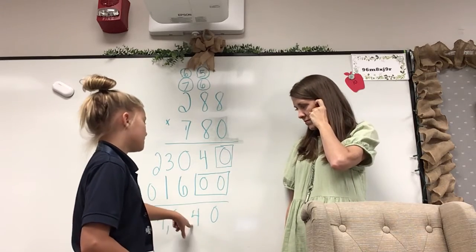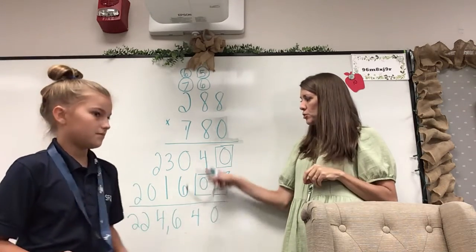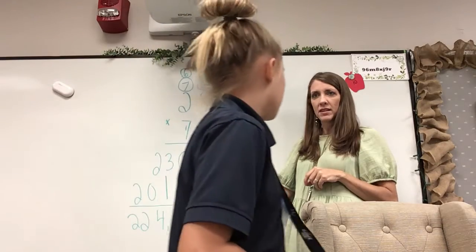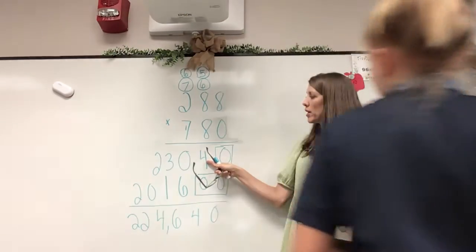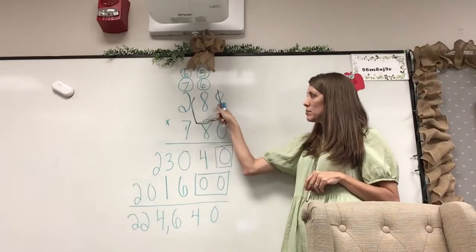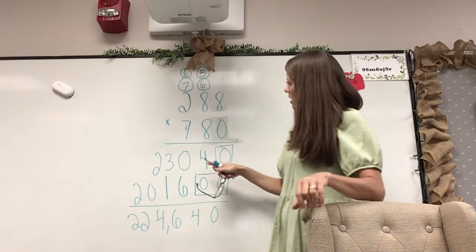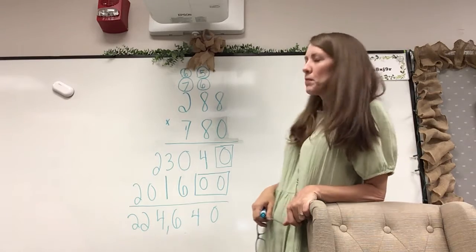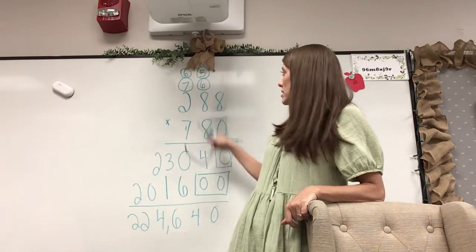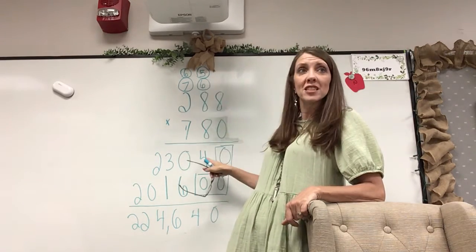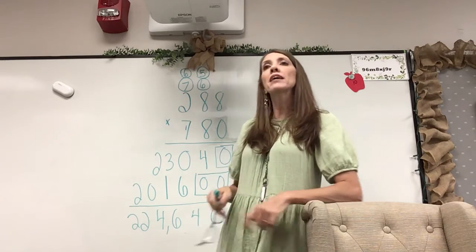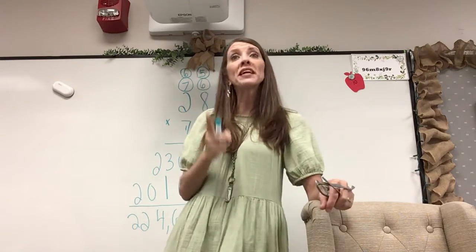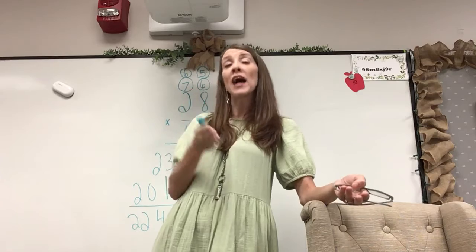Everything right, but I put a 6 right there. So, when you did 8 times 8, maybe you put it the wrong way. Instead of 64, did you put 46? I think so. Yes.